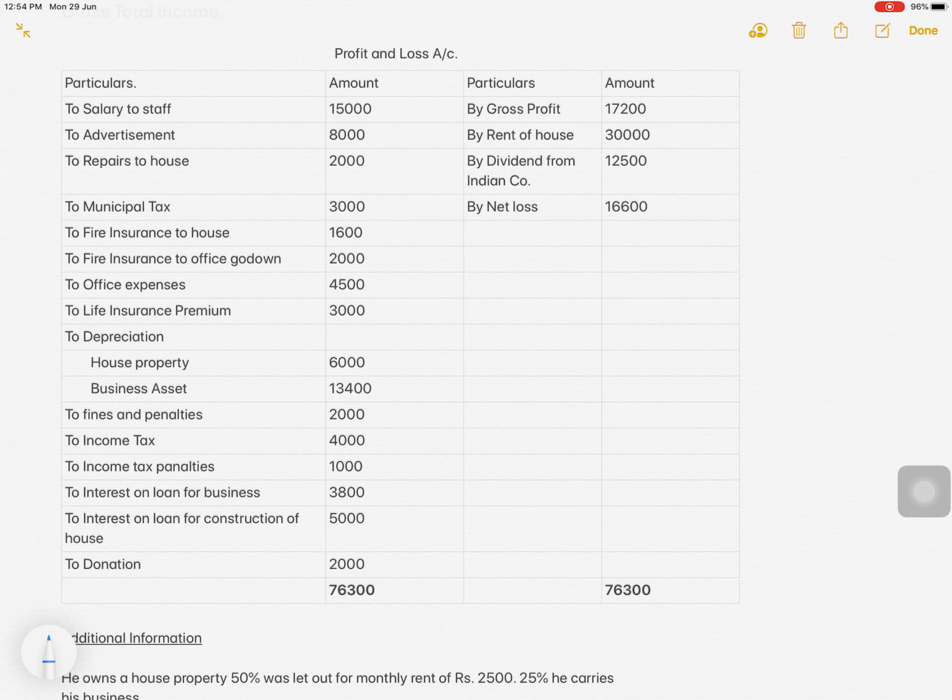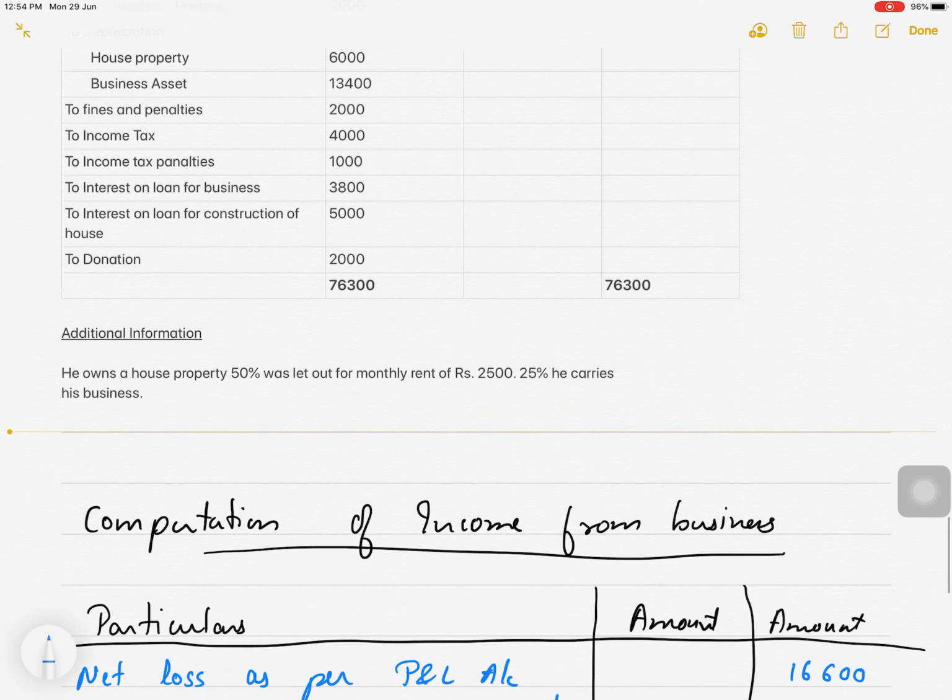So you see the debit side: to salary to staff, to advertisement, to repairs to house. Repairs to house means 25% is business property, 25% is self-occupied property, and 50% is let out property.